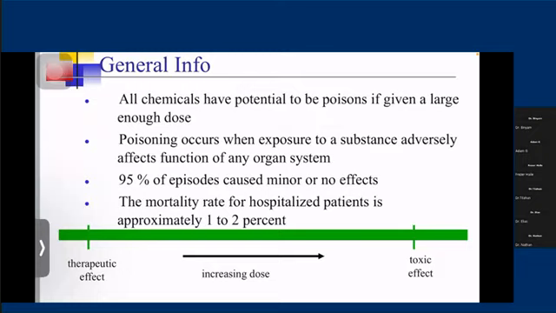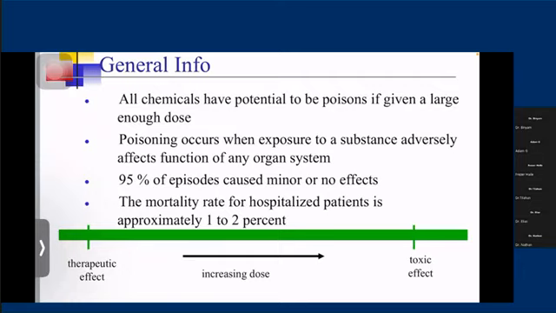Usually around 5% of emergency room visits are due to poisoning. So it is not a minor problem. It's becoming a huge burden, especially in developing countries.